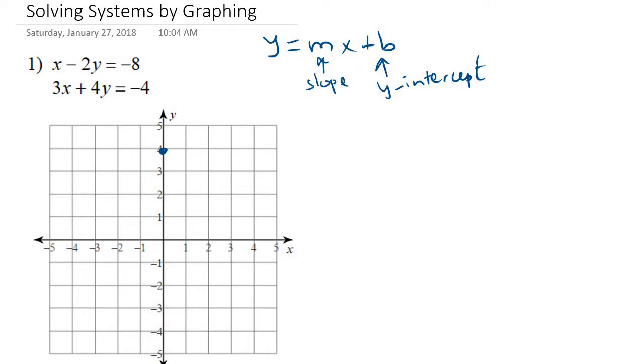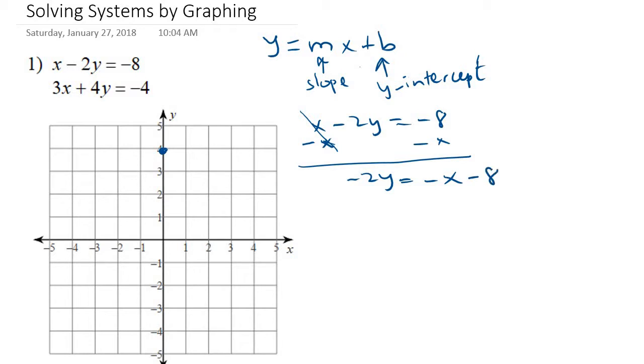Let's work with the first one. So here we have x minus 2y equals -8. So I want to get y by itself. I will subtract x from both sides. So minus x, this will cancel out, and then I have -2y equals -x minus 8, and then divide both sides by -2.